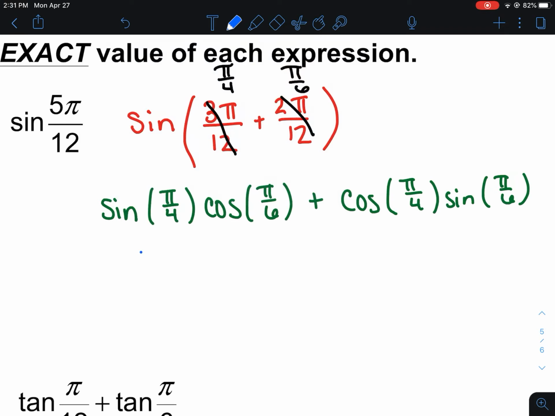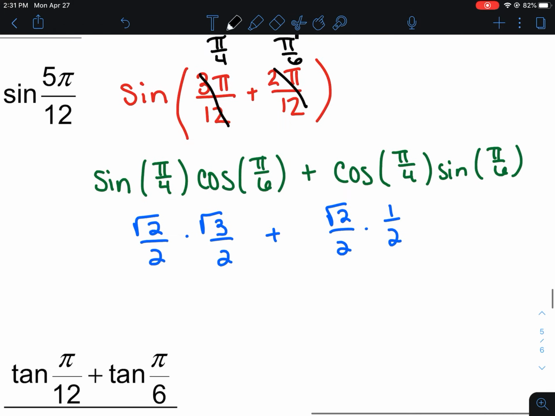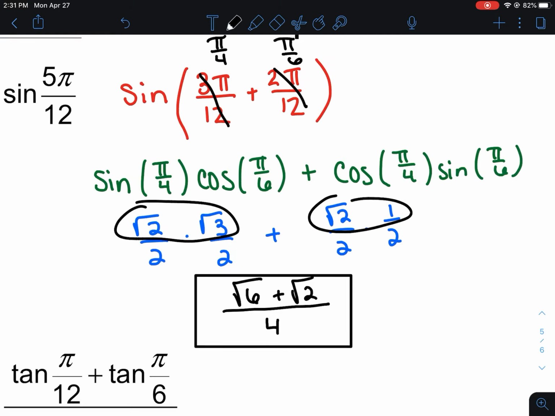Okay, sine of pi over 4 is root 2 over 2. Cosine of pi over 6 is root 3 over 2. Cosine of pi over 4, root 2 over 2. Sine of pi over 6 is 1/2. Okay, both those fractions become over 4. This is going to give me root 6 plus root 2. And there's our final answer.